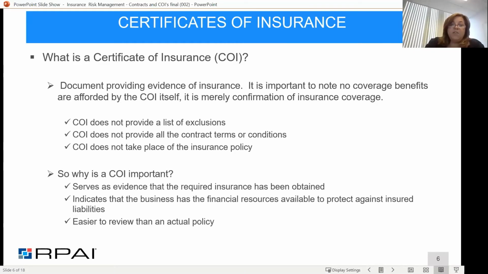It indicates that the business has the financial resources, and it's just easier than reviewing an actual insurance policy. My organization, my team, we secure and review 5,000 certificates of insurance a year. If we had to read 5,000 insurance policies each year, I would have to hire 3 or 4 additional people.